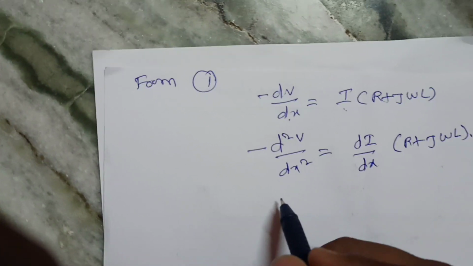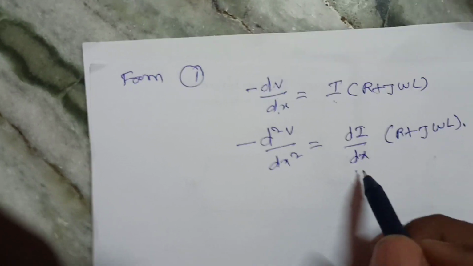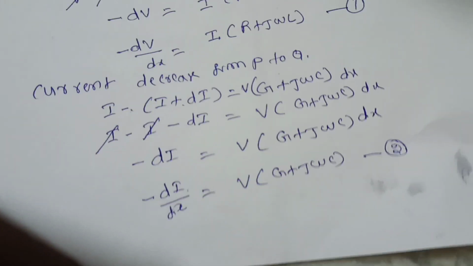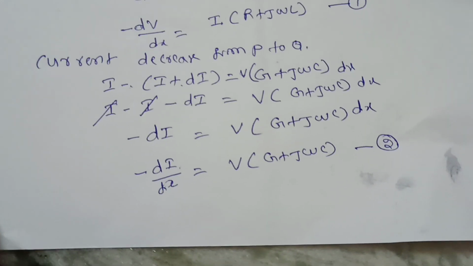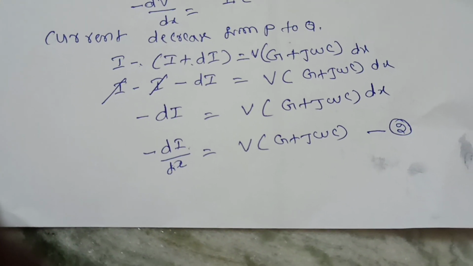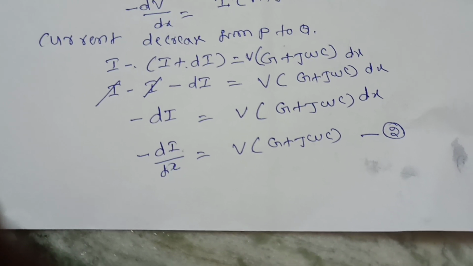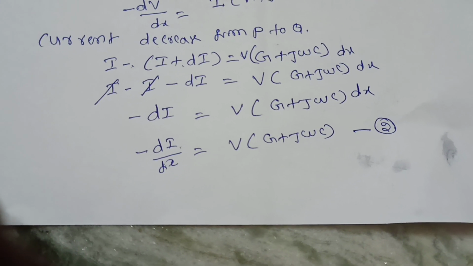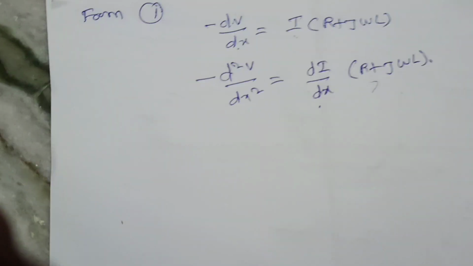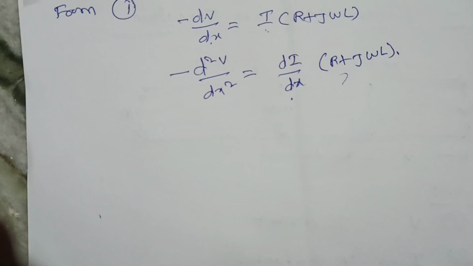So here in this equation, what is the value of dI by dx? From the earlier equation, dI by dx is equal to V times (G plus j omega C). We have to substitute in this equation, d square V by dx square is equal to dI by dx times (R plus j omega L).